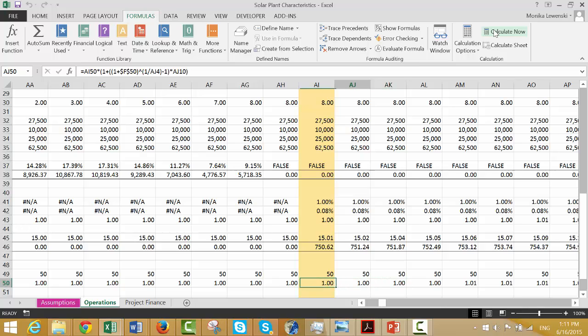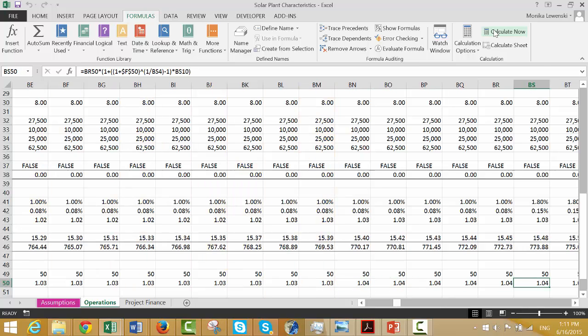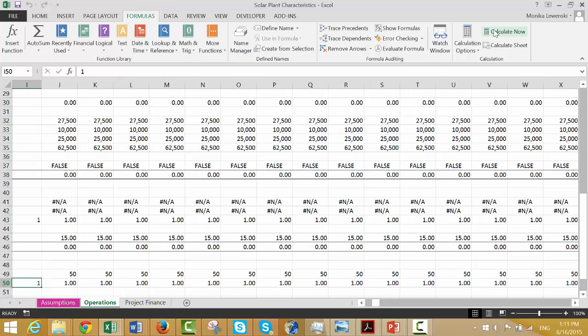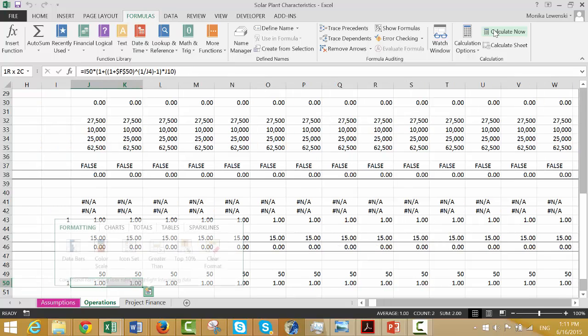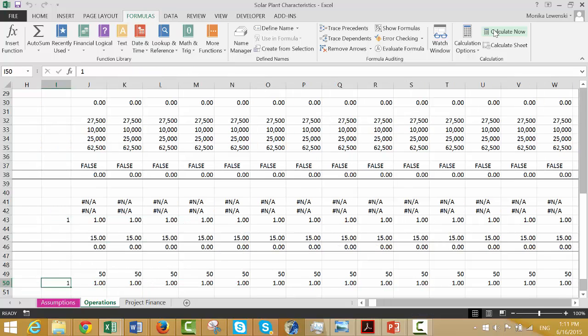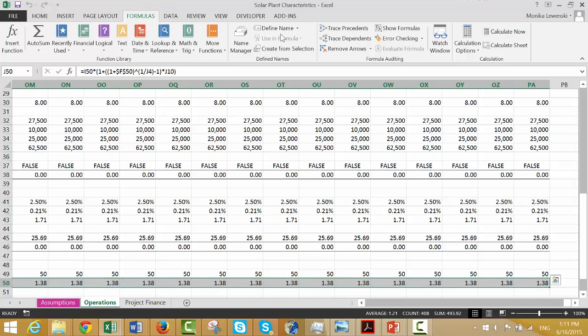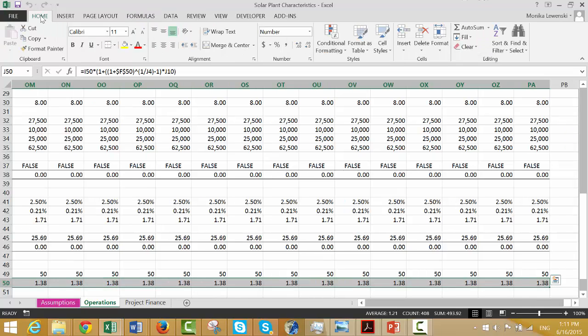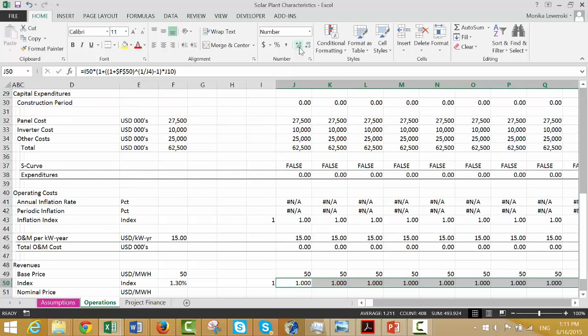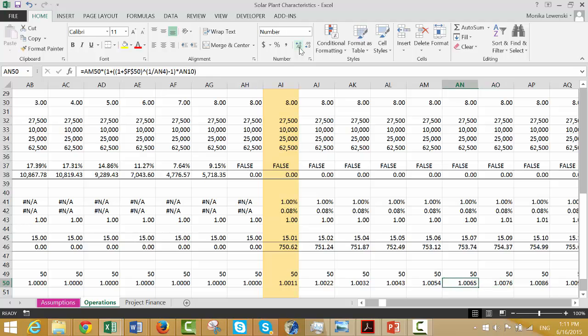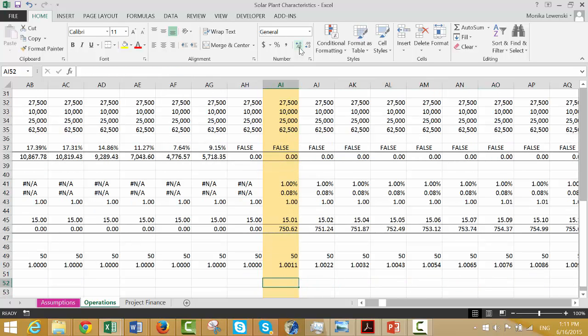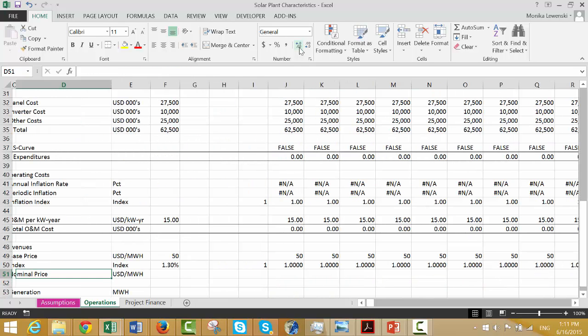Okay. I assume that we have some inflation. Oh, how about that? Okay. So it started escalating here the way it was supposed to be.